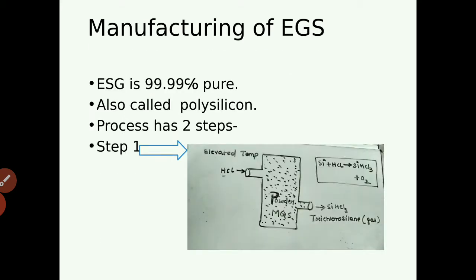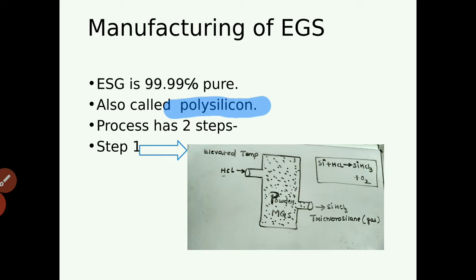So let's see how to manufacture electronic grade silicon. Electronic grade silicon is 99.99% pure. It is the actual polysilicon that we need in our fabrication. There are two steps in this process.